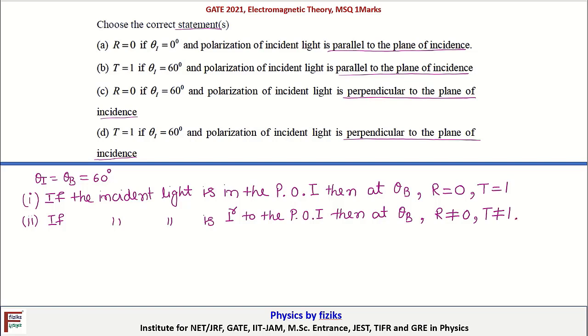So as we have already seen, theta is equal to theta B is 60 degree, so we have to see these three options.